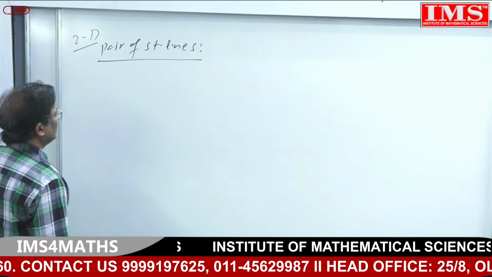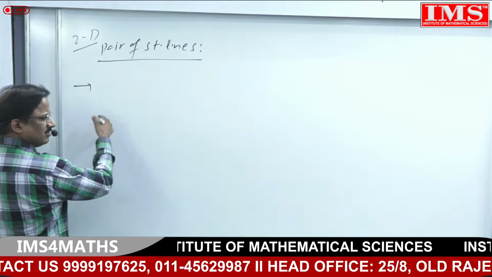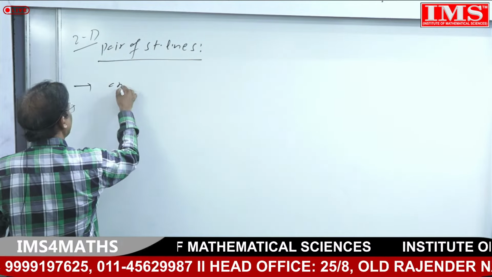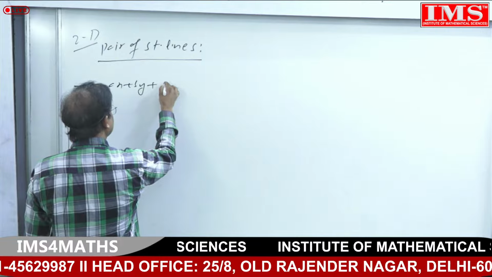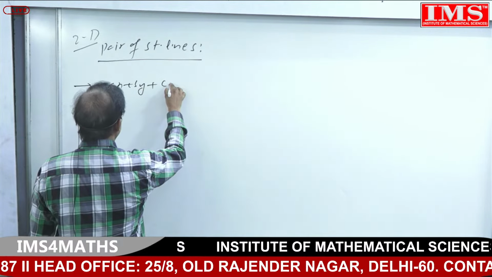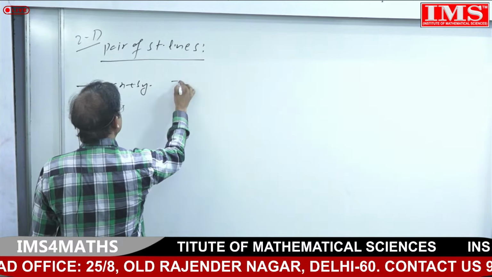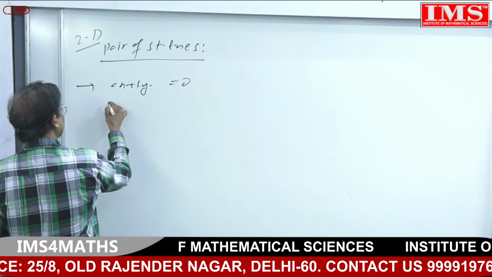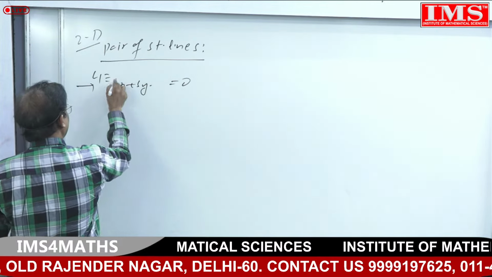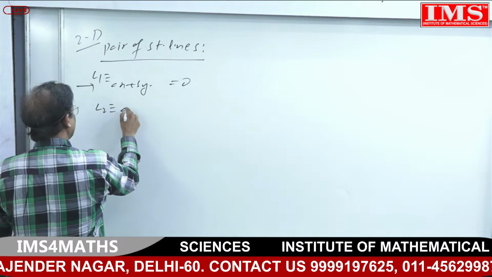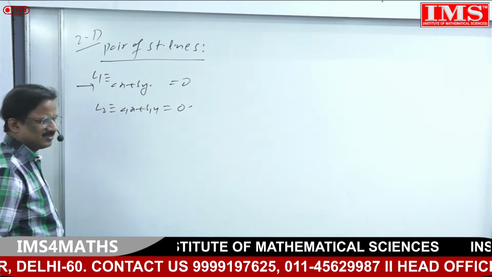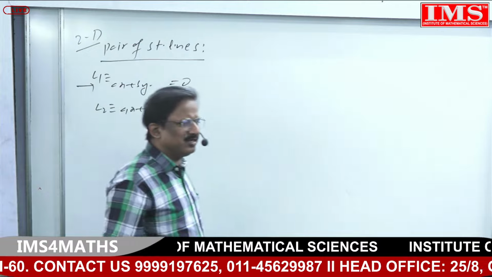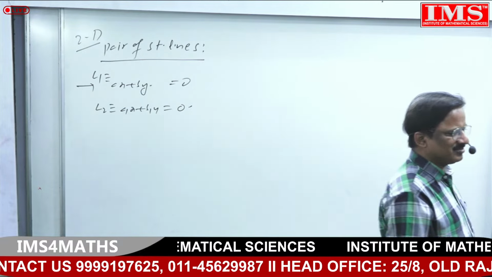In this case, take ax + by + c = 0. Next is line 1 and line 2: a1x + b1y = 0.